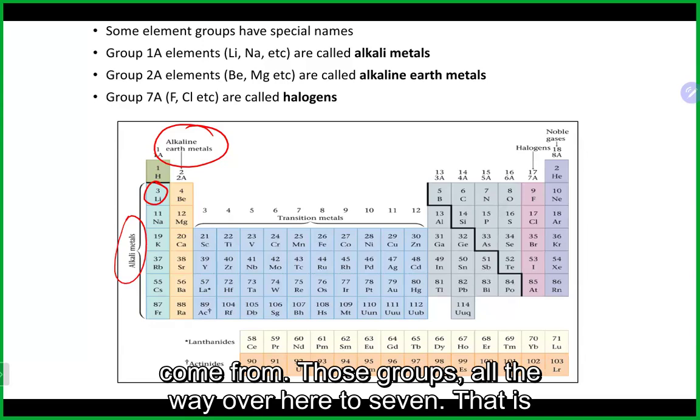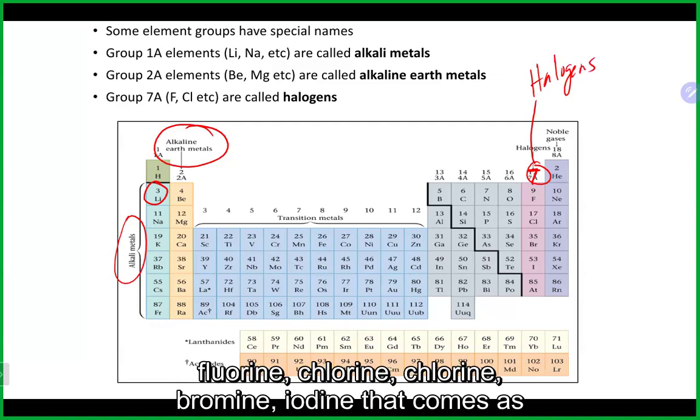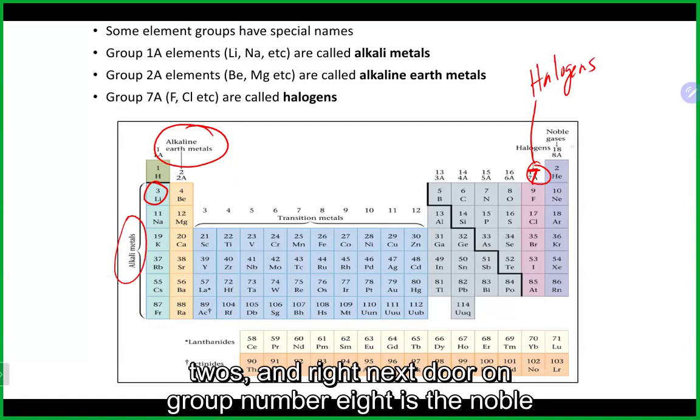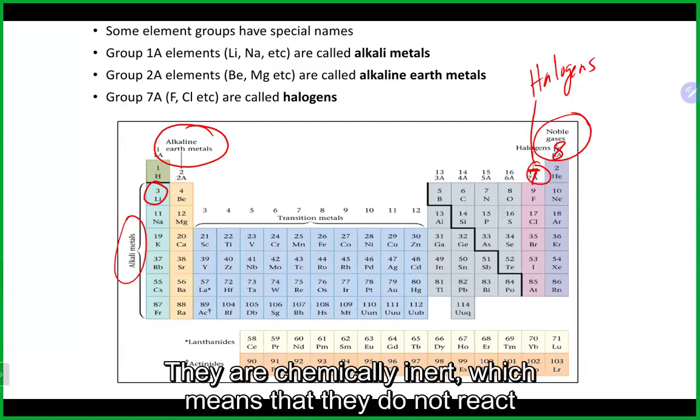All the way over here to 7, that is the halogens. Those are also those diatomic guys: fluorine, chlorine, bromine, iodine, that come as 2s. And right next door on group number 8 is the noble gases. And the noble gases, noble means basically set apart. They are chemically inert, which means that they do not react with others.